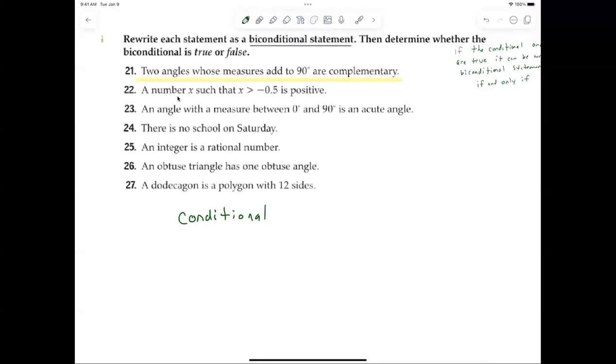Now we need to write the converse. Tell me the converse. If the two angles are complementary, then the measures of the angles add up to 90 degrees.